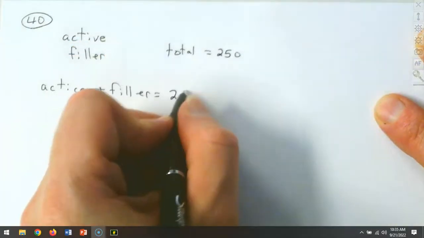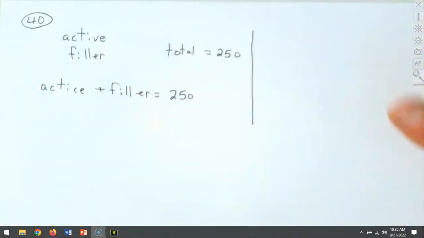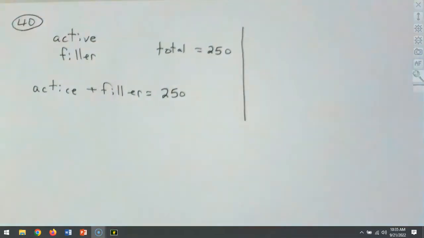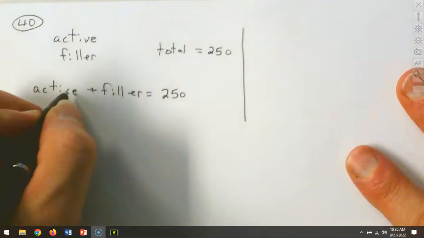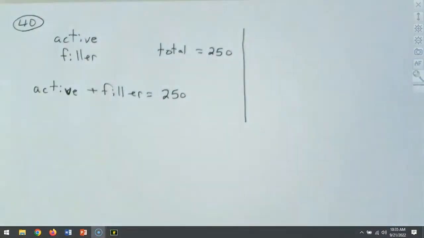So that's going to go here. We want to get this 250 milligram tablet. So we've got our active ingredients plus our filler, our inert ingredients. And that makes our 250 milligram tablet.